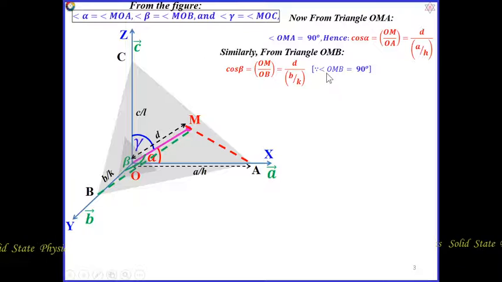Now from the triangle OMB, where angle OMB is 90 degrees, cos beta is OM by OB, that is d by b by k.